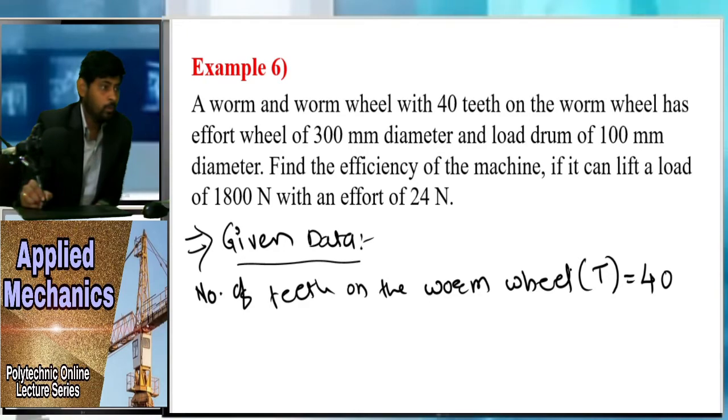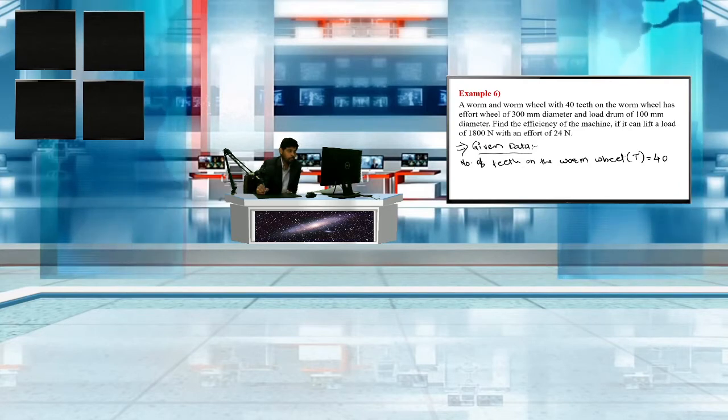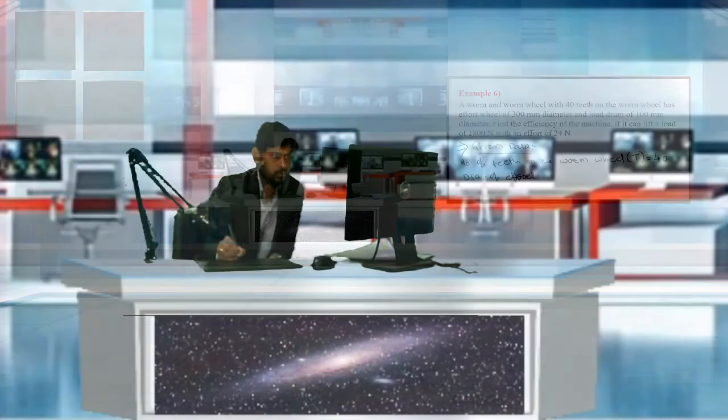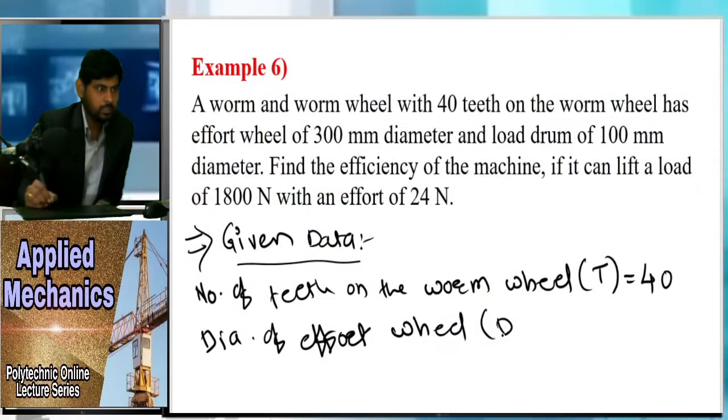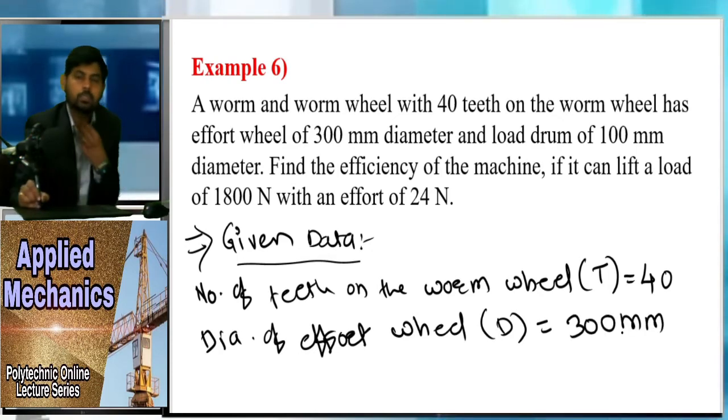Now the worm wheel has an effort wheel of 300 mm diameter, so the diameter of the effort wheel is also given to us, that is the diameter of effort wheel, capital D, is equal to how much? 300 mm is given to us.